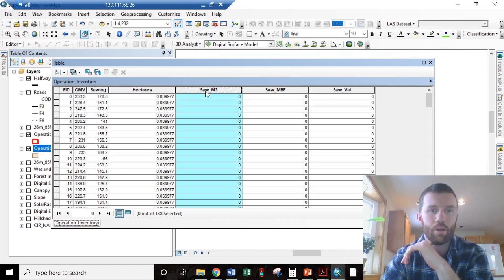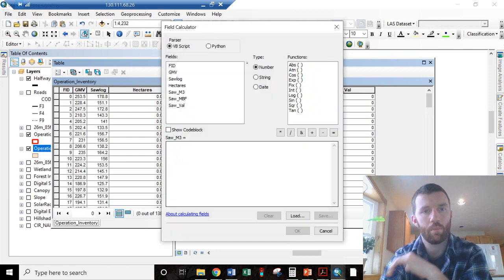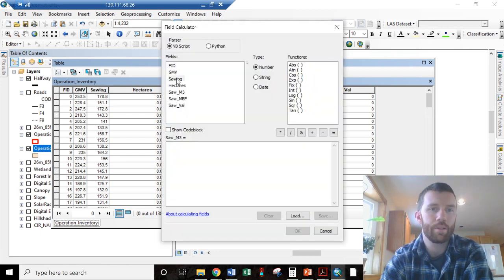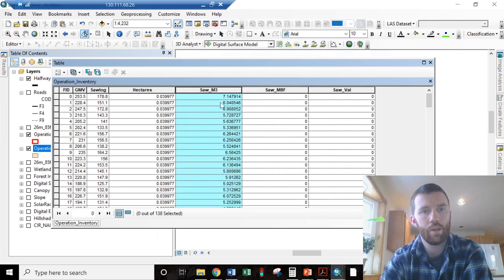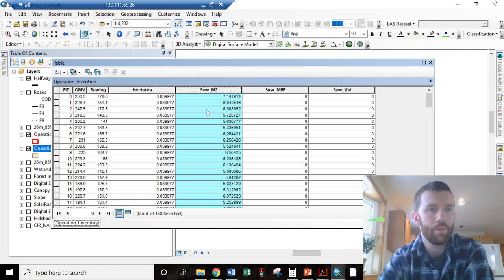So now saw log cubic meters, that is a field calculator operation, and that is the saw log times the hectares. Okay, so now this one has 7.147914. That's a misleading kind of precision there, but that is good for carrying on into the next step of this calculation. If we rounded that off, we would have introduced undue error.